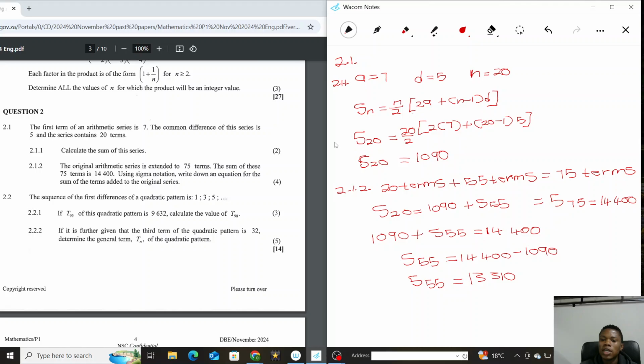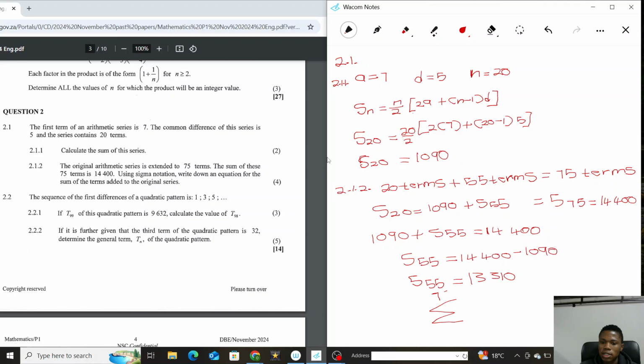Okay, the question said, using sigma notation, write down an equation for the sum of the terms added to the original series, and the sum of the terms added to the original series is 13,110. We can write our sigma notation as follows. I know that the number of terms is 75, therefore my upper limit will be 75, and my n will start at 21.